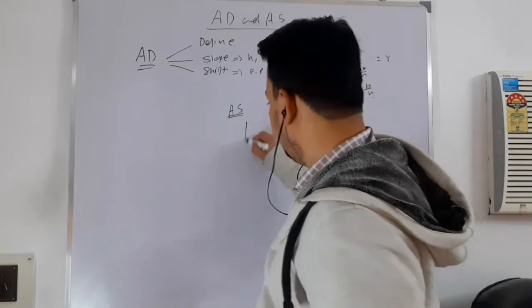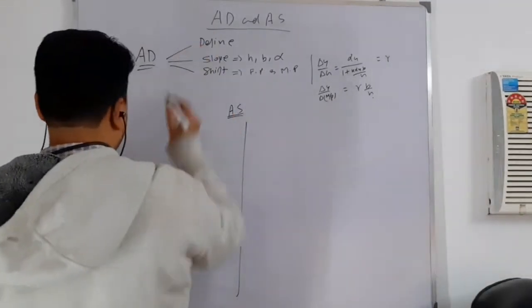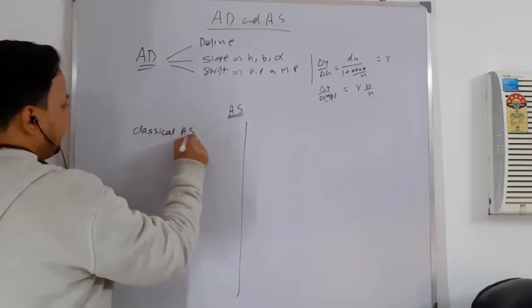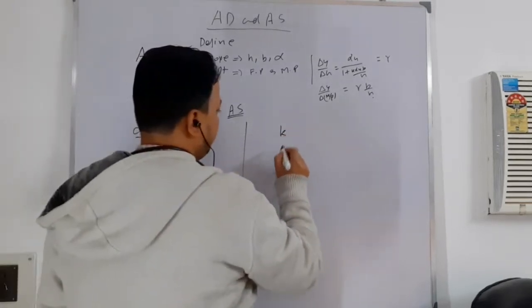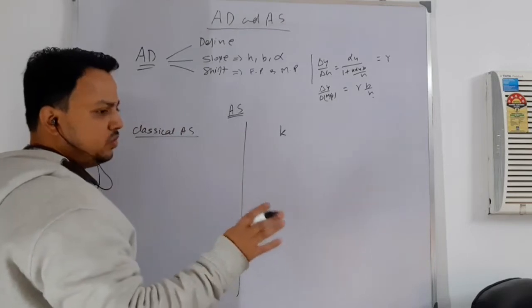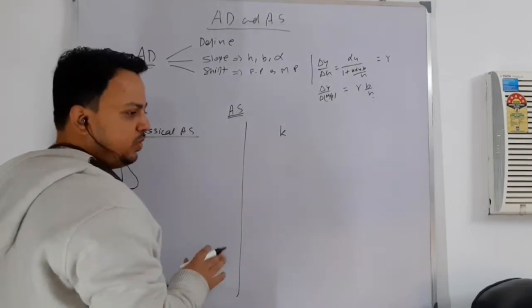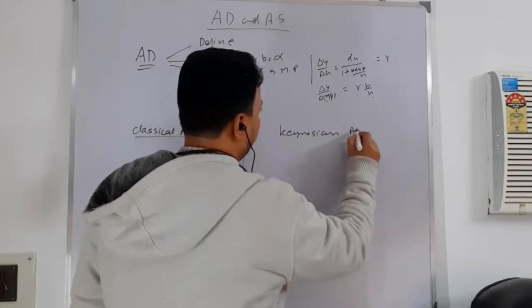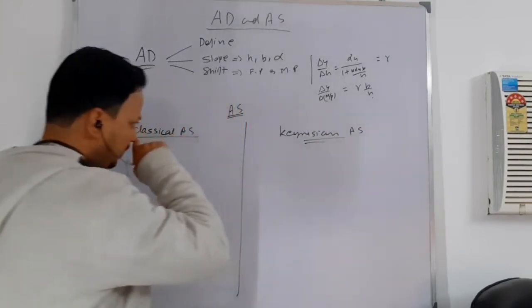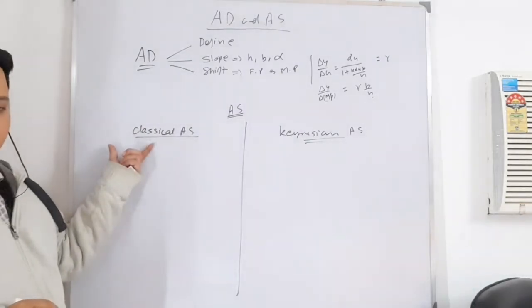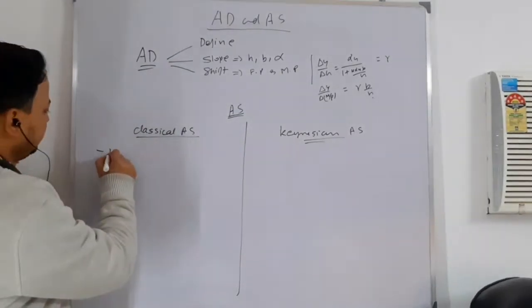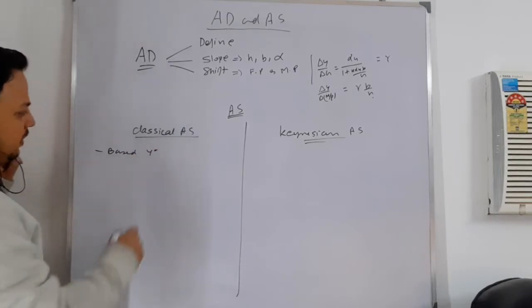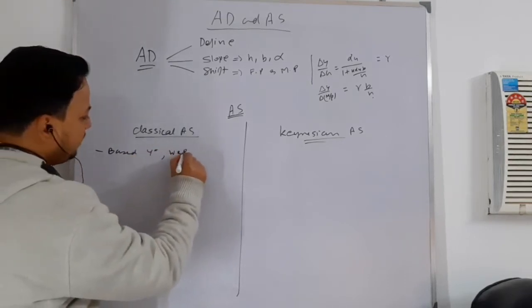So we have in this course two kinds of aggregate supply. One is your classical aggregate supply and second is your Keynesian aggregate supply, based on Keynes's formulation in the General Theory of Employment, Interest and Money. The classical one that we have done is based on the assumption of full employment output. Wages and prices are flexible.